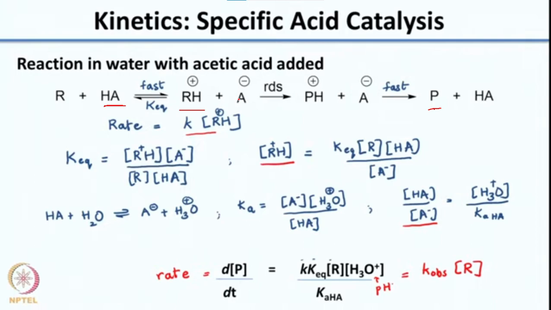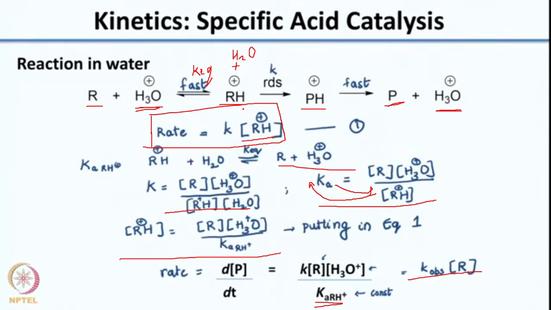Now for the rate determining step, the rate will become K RH, because K is a dissociation constant, and here RH is a reactant. That's why we are writing K RH. Why are we not writing A minus?